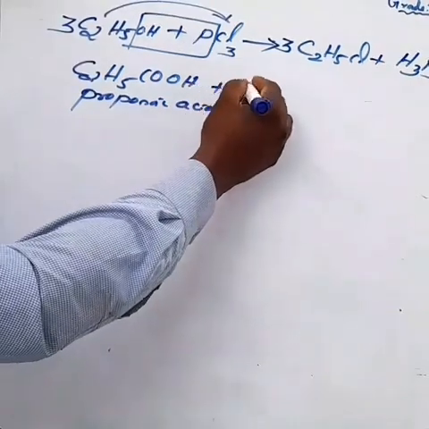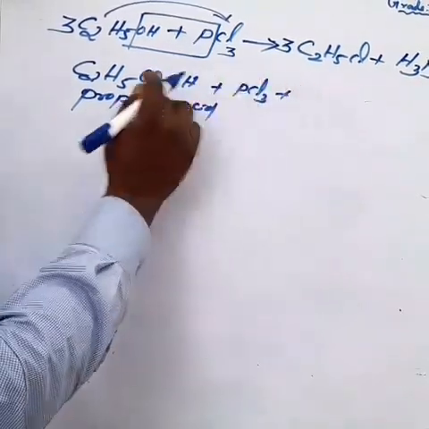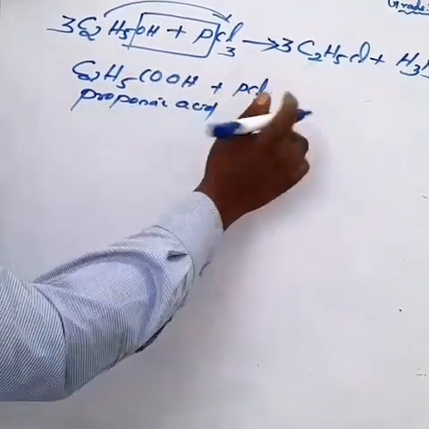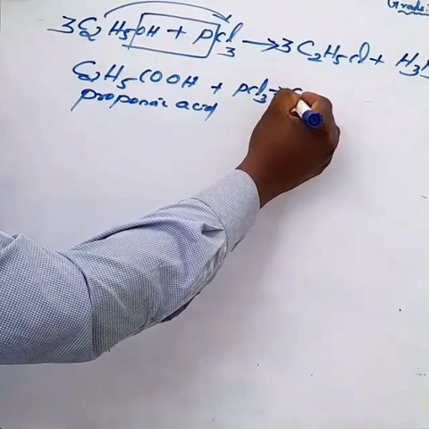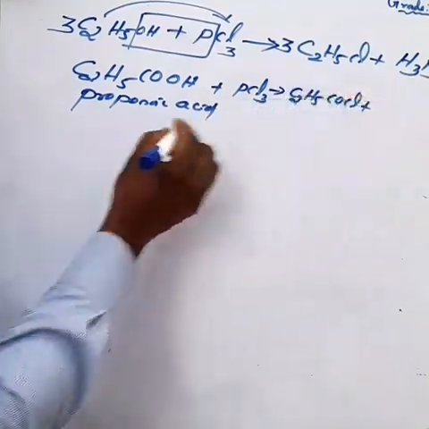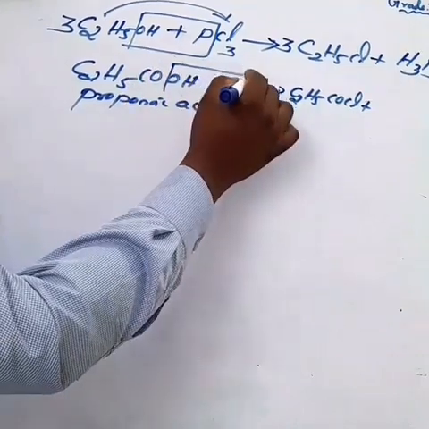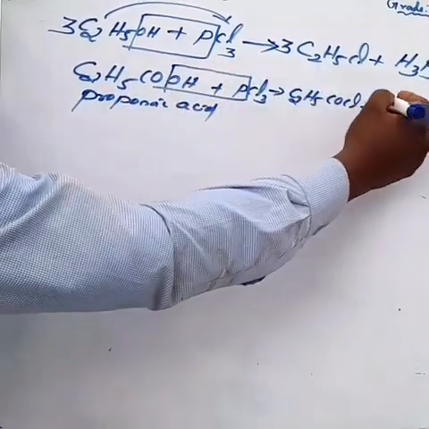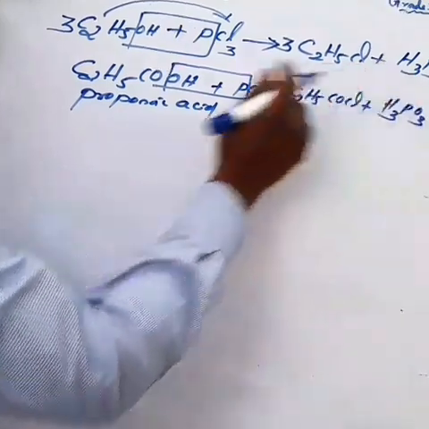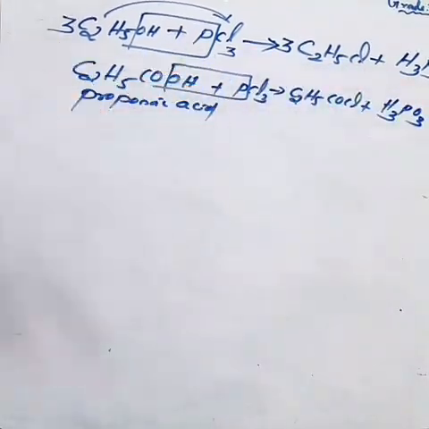Here, this chlorine combines with the C2H5CO group. We get C2H5COCl. And one more product. Here, the hydrogen from propanoic acid combines with phosphorus and oxygen, and we get H3PO3.